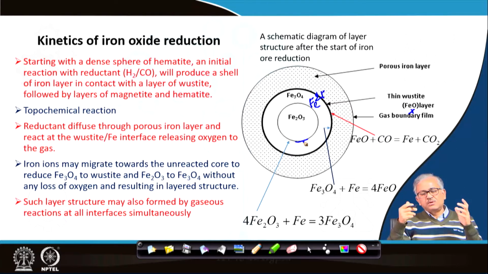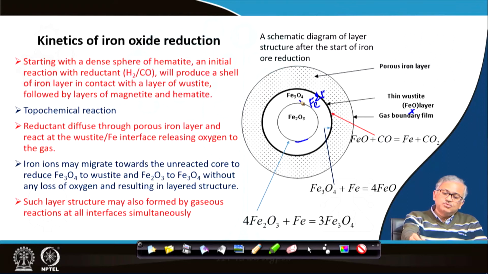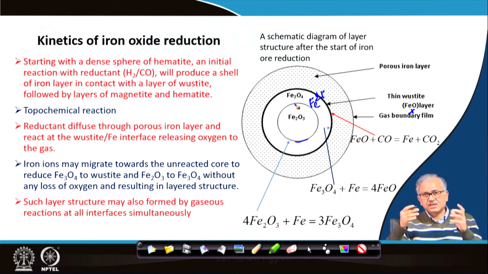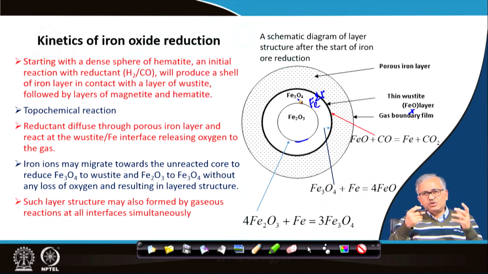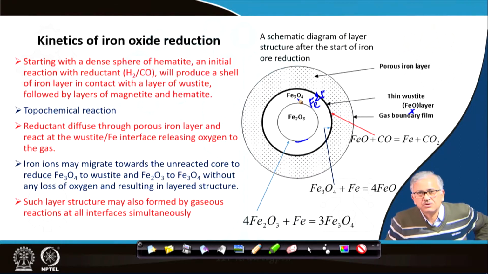That is also possible, but Fe ion diffusion is also possible, because when Fe2O3 is converted to Fe3O4 there is a crystal structure change: Fe2O3 is HCP and Fe3O4 is FCC. When it does, there is a volume expansion. As a result, a lot of defects are generated within the crystal structure, and because of this defect generation, Fe ion diffusion also increases.